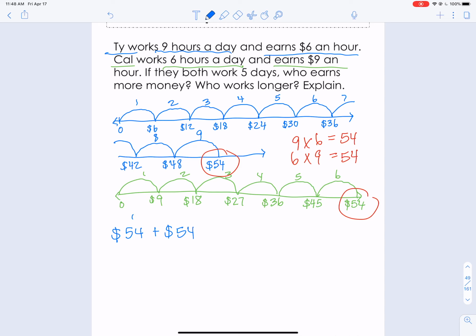So this is day 1. After day 2, he makes another $54. After day 3, he makes another $54. Every day he's making $54, which equals some amount of money.